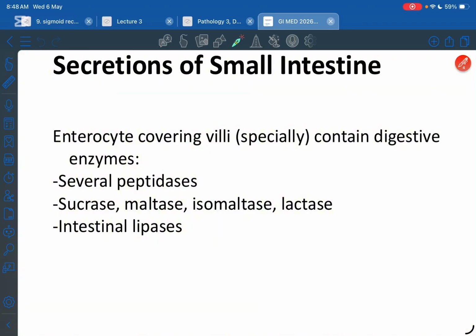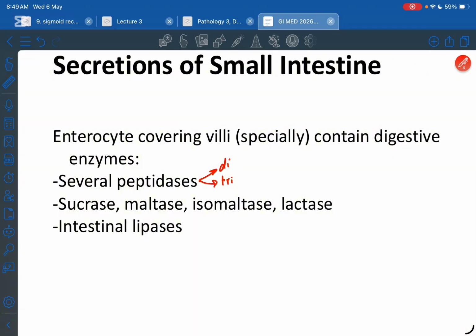What do they contain? The apical membrane of the enterocyte contains many peptidases, dipeptidases and tripeptidases. The dipeptidases have the final effect in breaking down proteins, producing single amino acids.